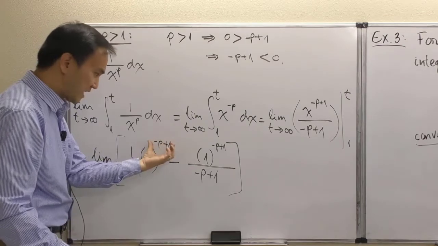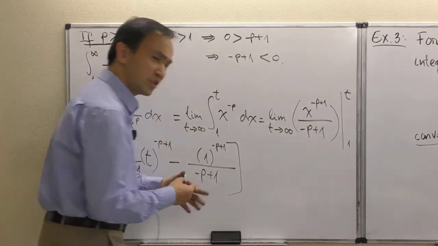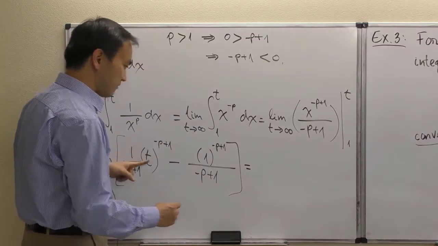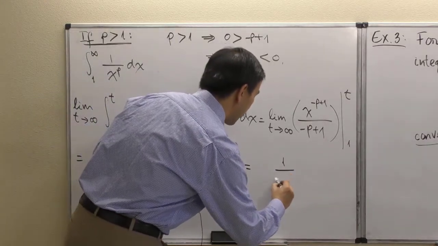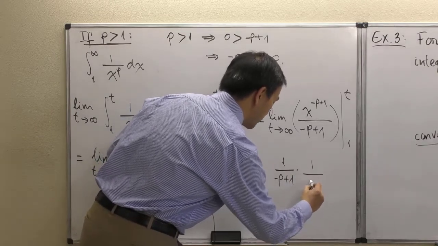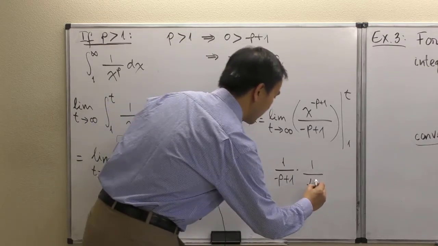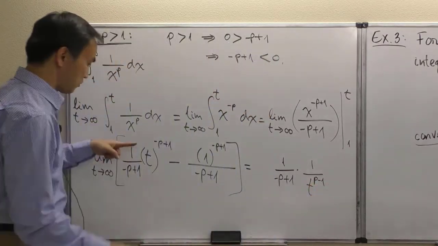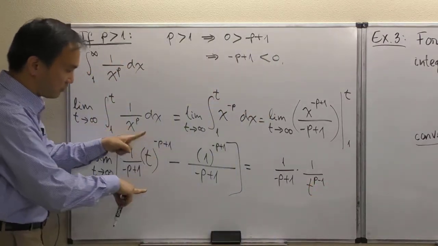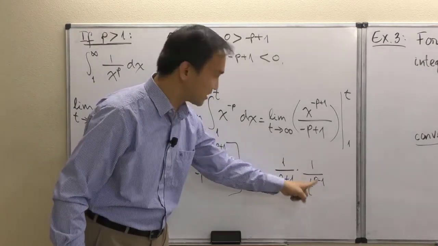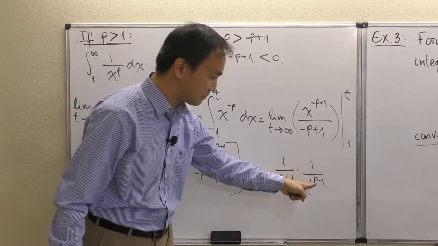With it being a negative power, I can use some algebra on that in the following step. So the first term becomes 1 over minus p plus 1, times 1 over t to the now p minus 1. When we turn that into the reciprocal, the power becomes the opposite power in the denominator. That's why instead of minus p plus 1, it's now p minus 1.